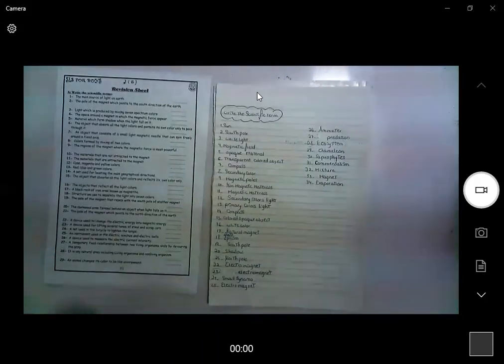Then I will start to do the revision sheet. Please bring this sheet to answer together. I'm just giving you 2 minutes to bring it. Then I will start.